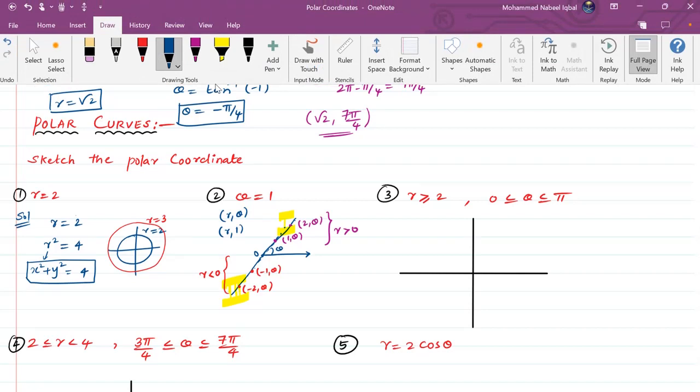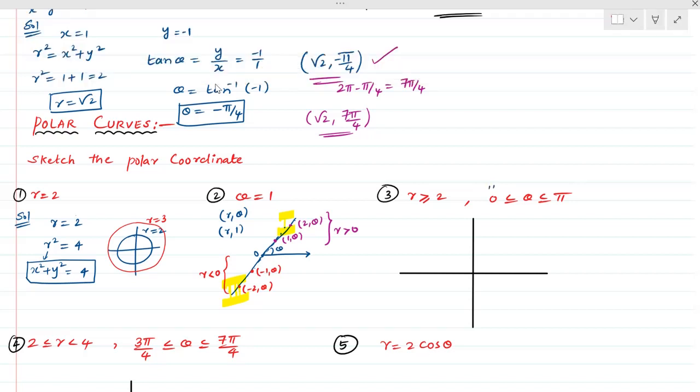Now the next one: r is more than or equal to 2, and the theta value is given here. Let us try this one first. r equals 2, I know it is a circle, but here it is going outside, beyond the circle. So this is the circle r equals 2.